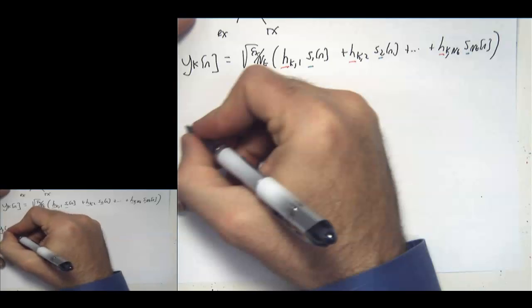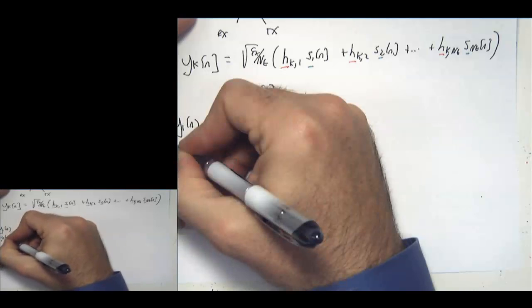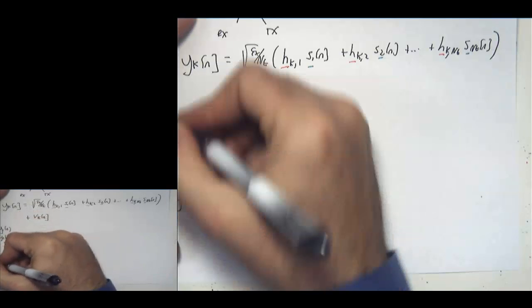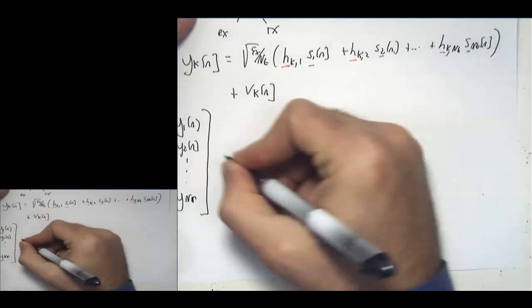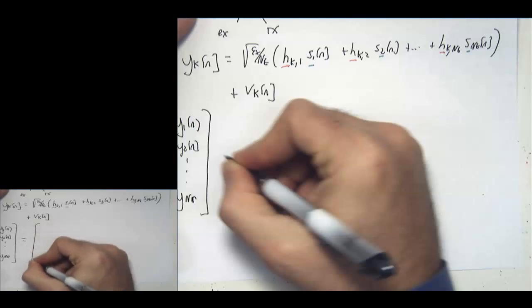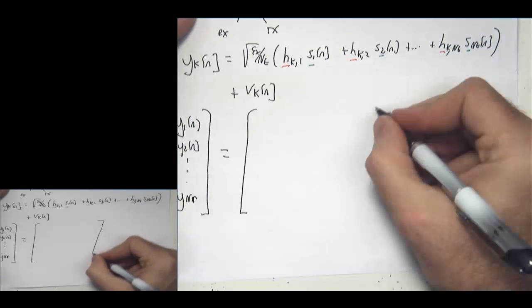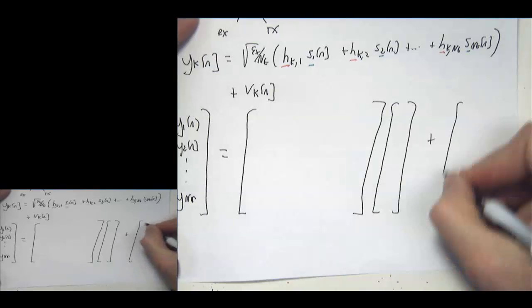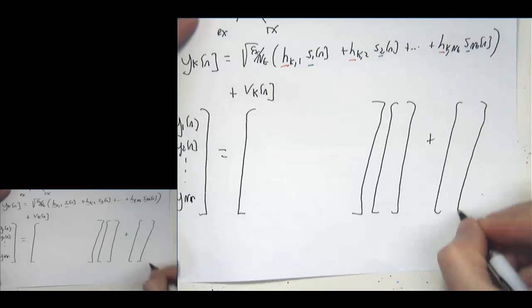So I'm going to put y1 of n, y2 of n, all the way down to y of nr, and write this whole thing out in nice vector form.